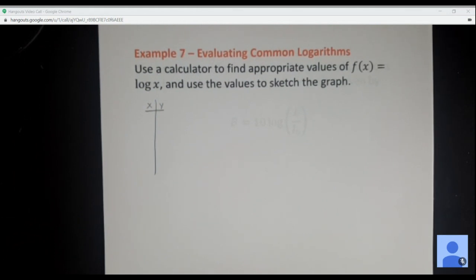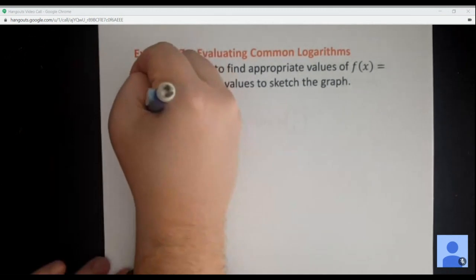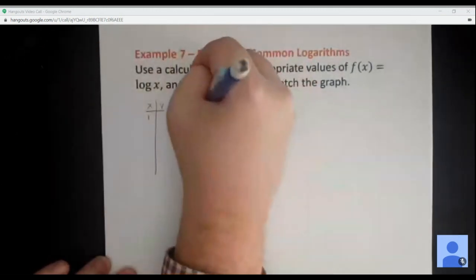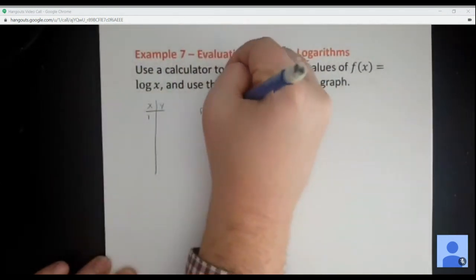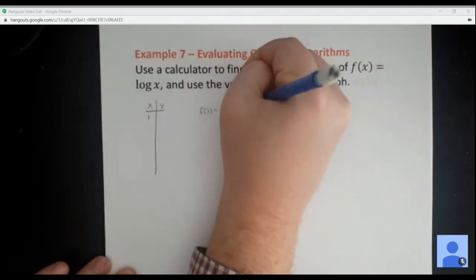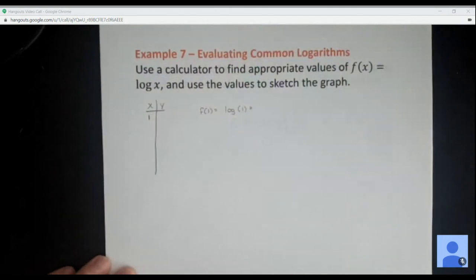All right, so what are some values that you would want to check here? Okay, 1, good, so let's check 1. If I do f of 1, we're taking the common log of 1 this time.